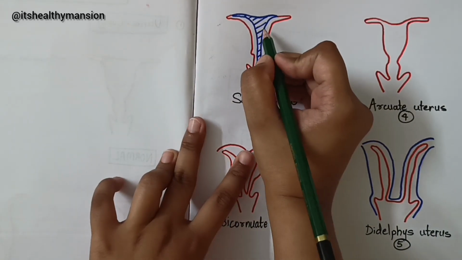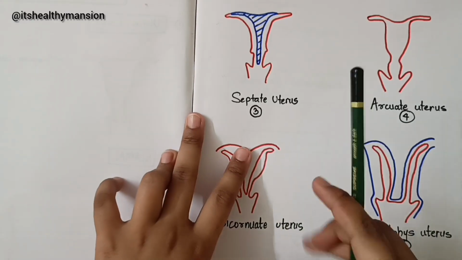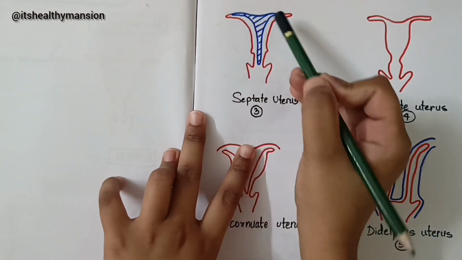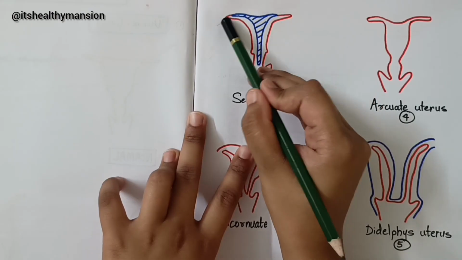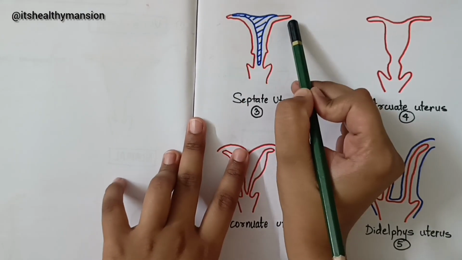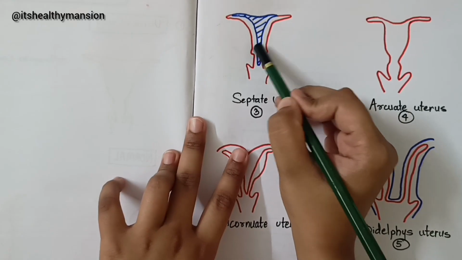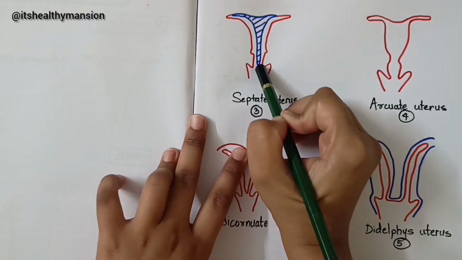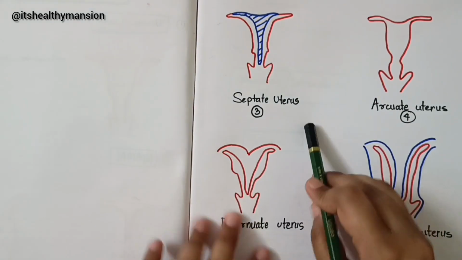We are going to see the film also to make clear how the septate uterus looks. Whenever you see a uterus with a septum in the middle, which divides the two cornua, the right as well as the left, you may see a thin uterine cavity because of the septum. This septum, whenever present in the uterine cavity, is called a septate uterus.